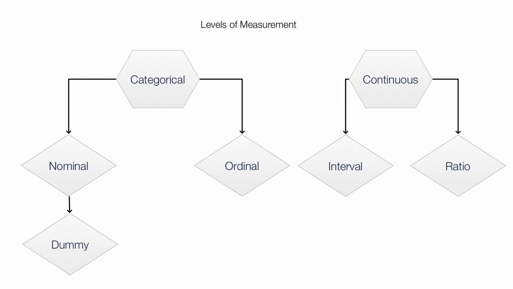There are dummy variables, which are a special case of nominal, where we have only 2 categories, typically assigned 0 and 1. We've got ordinal variables, which are ranked categories, say 1, 2, 3, 4, low, medium, medium high, and high. And finally, we have interval/ratio variables, which essentially turn into continuous variables for statistical analyses.